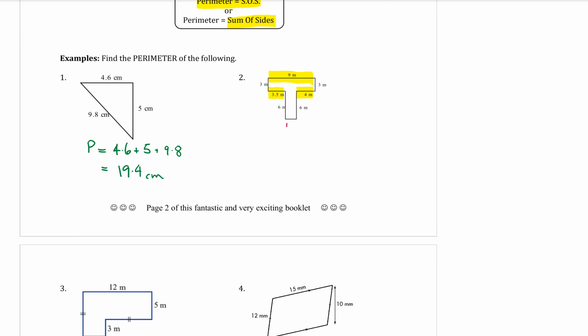Or meters, sorry. Now that we have all the sides, we can work out our perimeter.